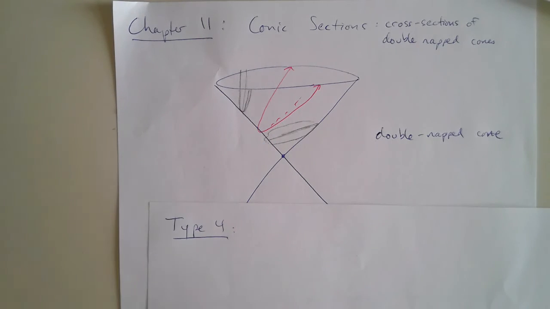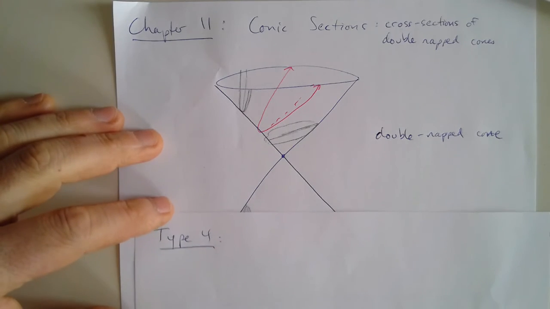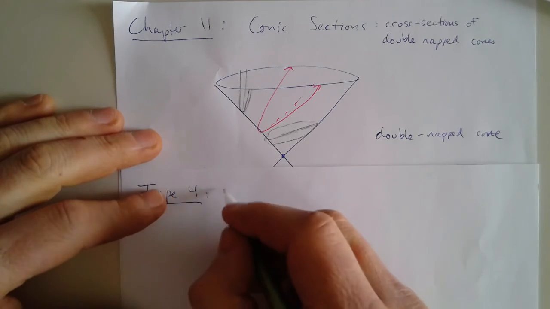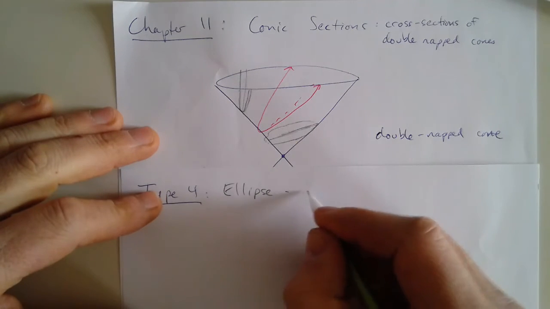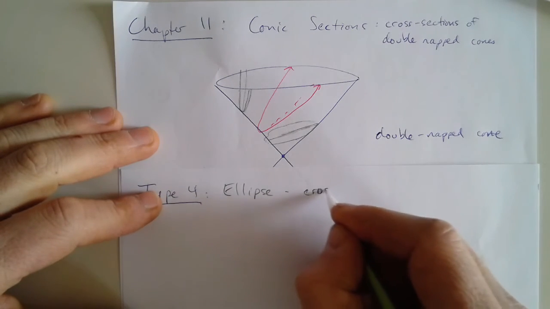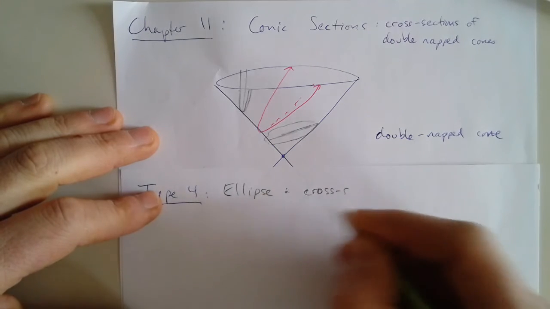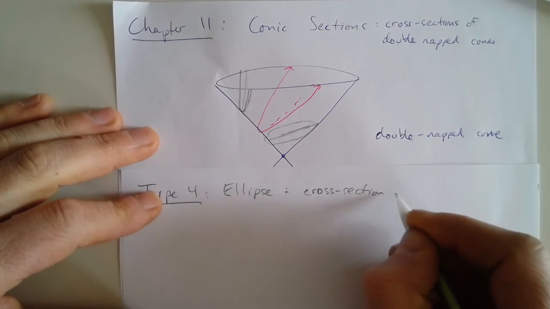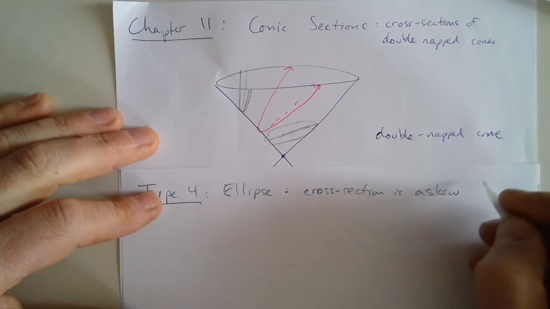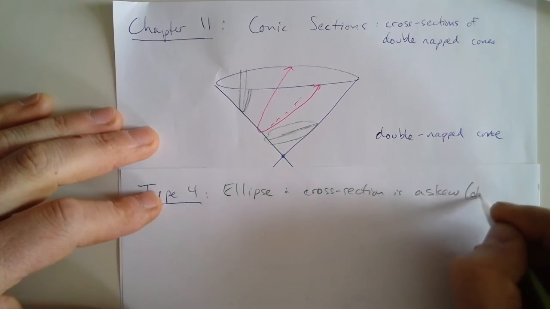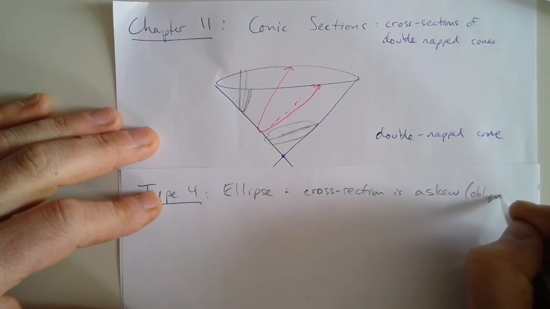So anyway, we have that ellipse as our last one, and its cross section is askew or oblique to the vertical axis.